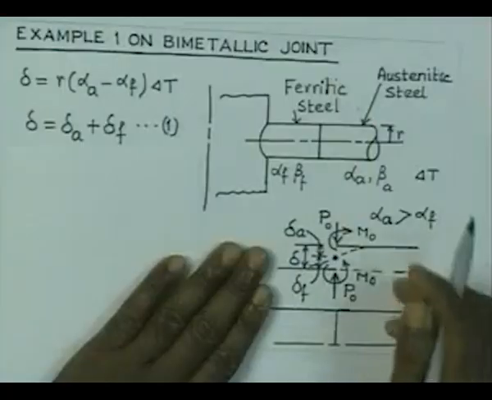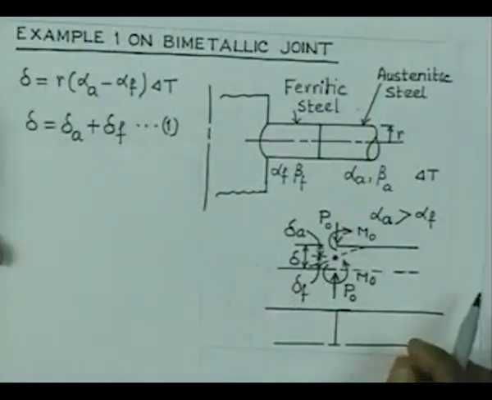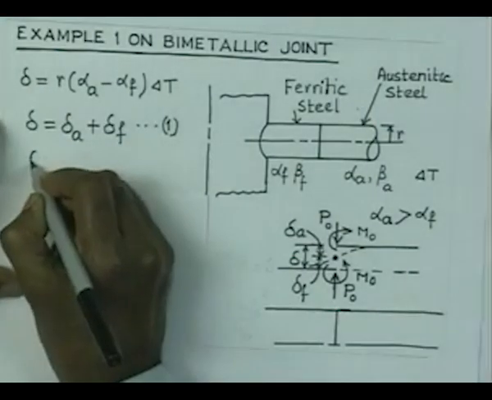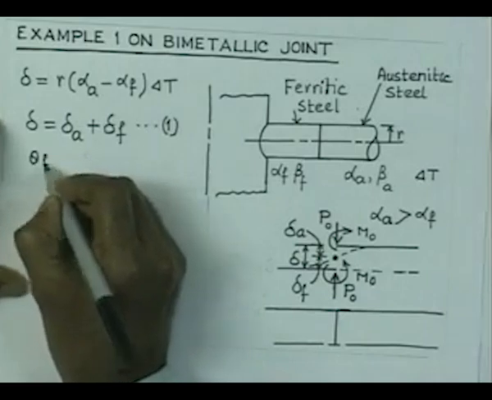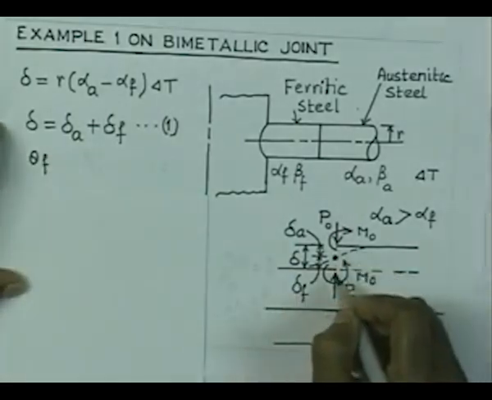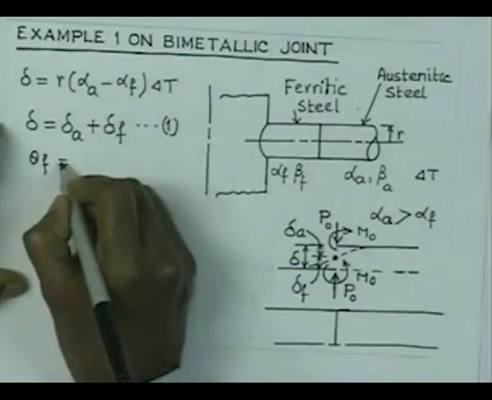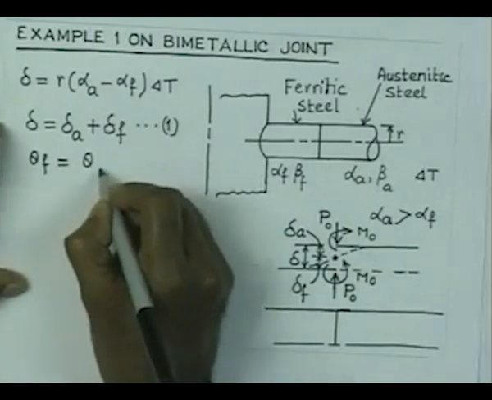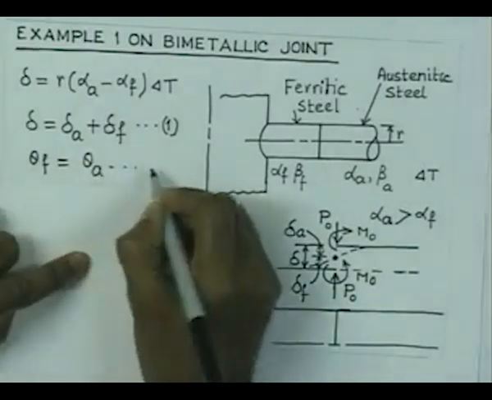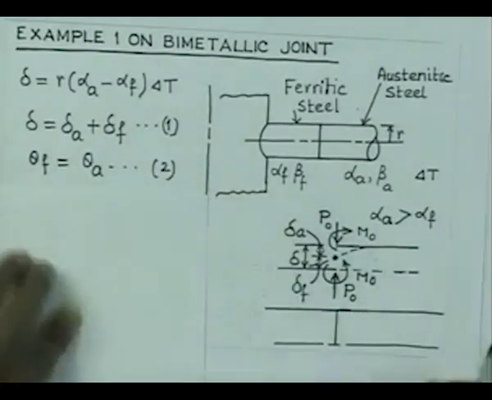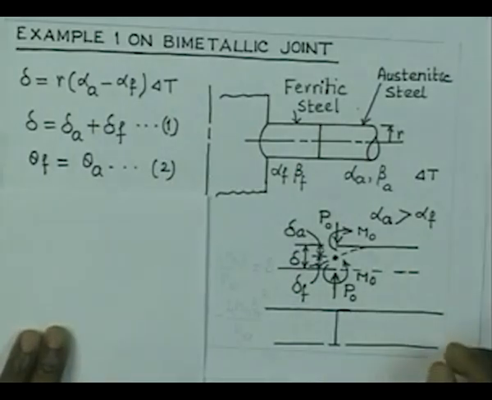Obviously, the angle of orientation of the ferritic part is equal to the angle of orientation of the austenitic part. So we can write that theta F under the action of P0 and M0 must be equal to theta A. Therefore we have these two equations, and they are sufficient to calculate the two forces.